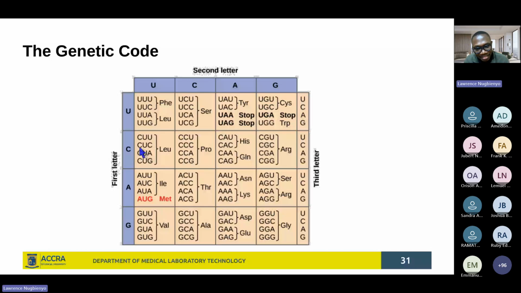But even that, I'll provide you with a genetic code. This table should be there because it is a reference that you should just refer to.